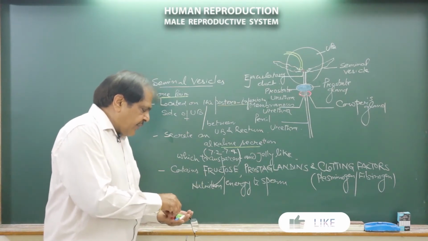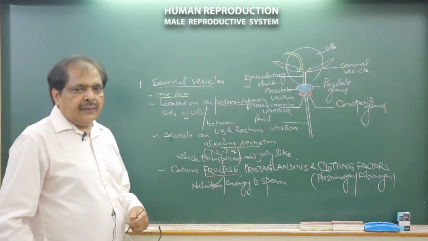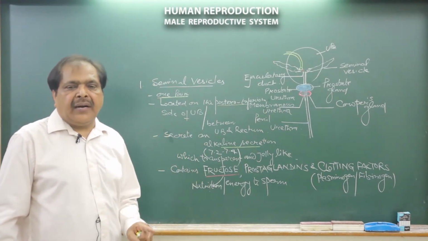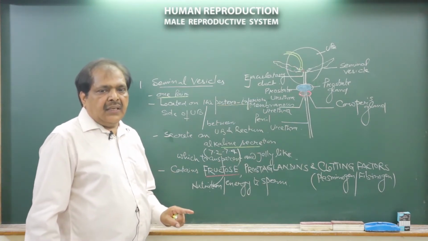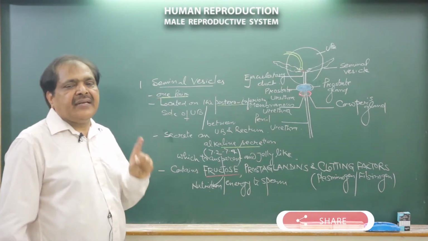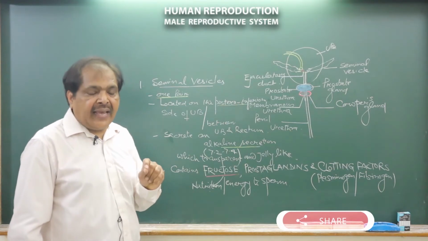This is fructose. Remember one thing, fructose in the human body is present only in the secretions of the seminal vesicles. Otherwise, fructose is not present anywhere in the body.